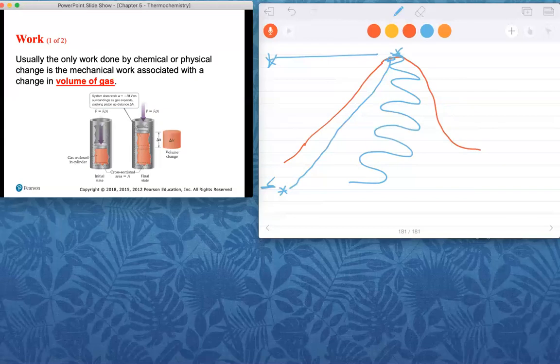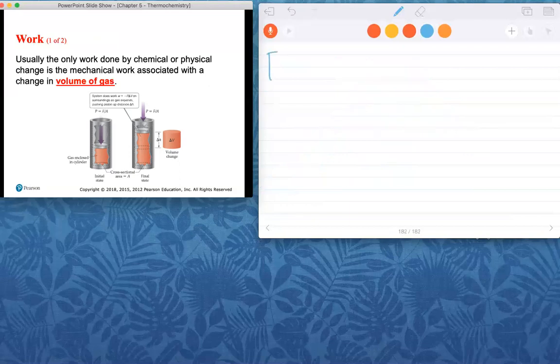Now, some systems do expand, and some systems do contract sometimes. We call the work done by the system PV work, pressure-volume work.